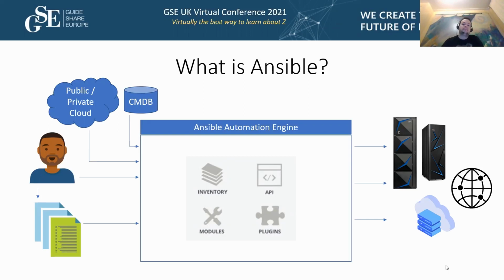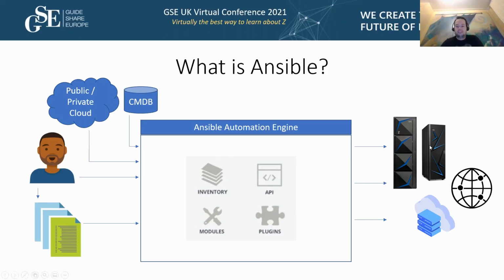So when we are thinking about the architecture of Ansible, we can see we have this engine that's located in one place, and there we're going to have the inventory. It's like a map of all the assets that we have here.